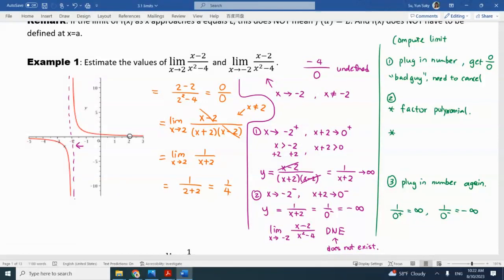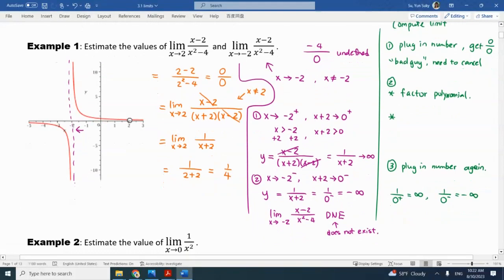The left side and the right side limit do not match. Therefore, the limit does not exist. Okay, everybody? And here, when x goes to 2, do you see the limit is 1/4? So in this case, we're just missing this point. We only have a hole there. Okay, everybody? Yes. All right.